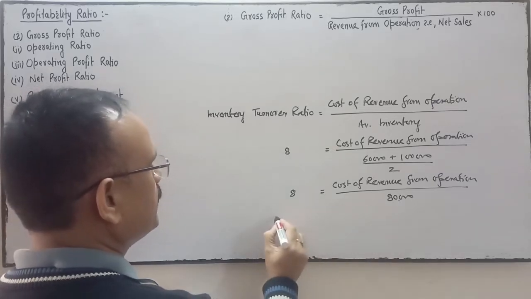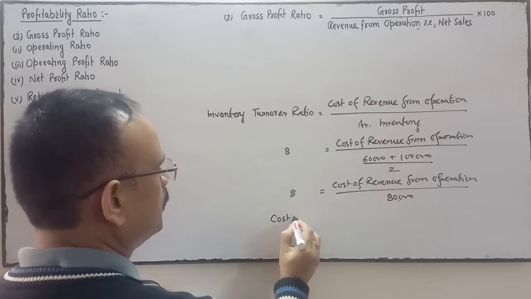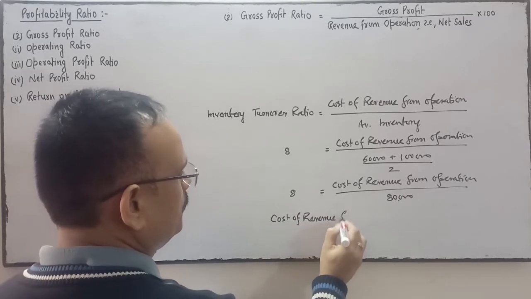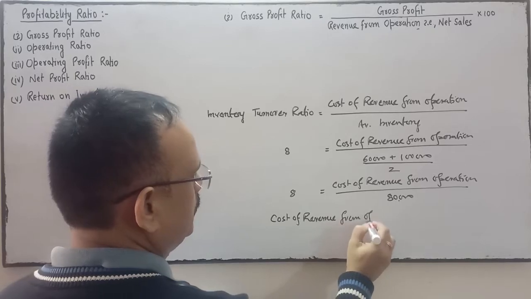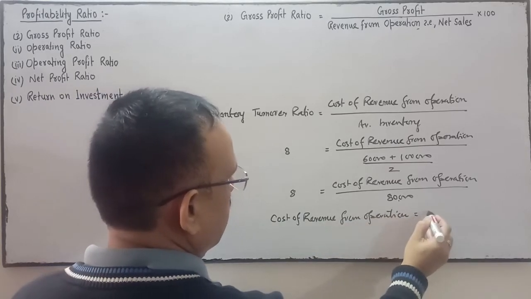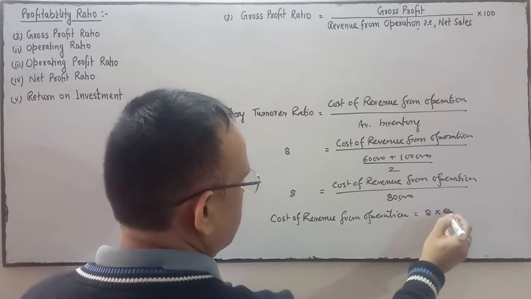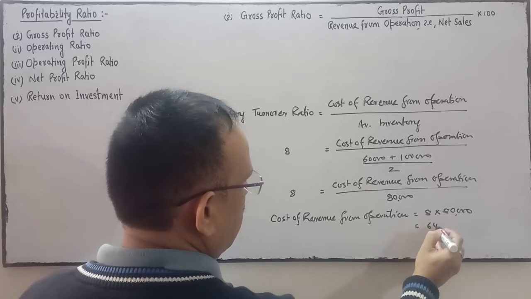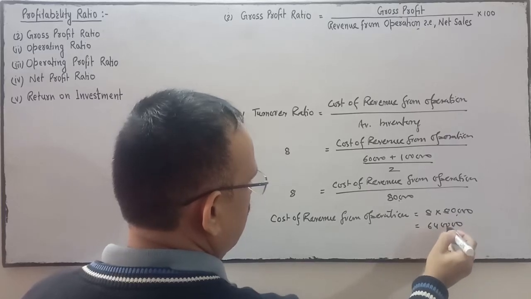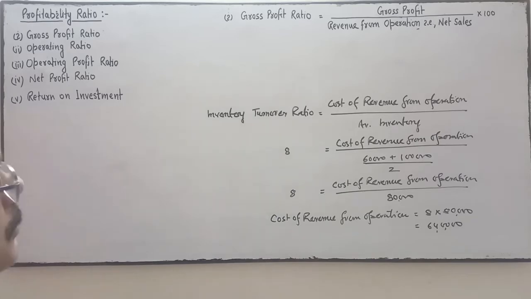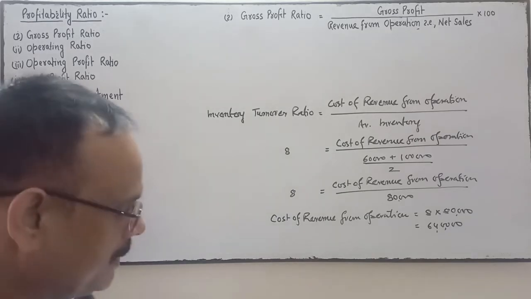So cross multiplication. So cost of revenue from operation is equal to 8 into 80,000. So it is 6,40,000. 6,40,000 is the cost of revenue from operation.